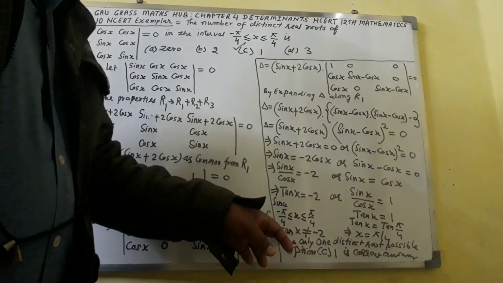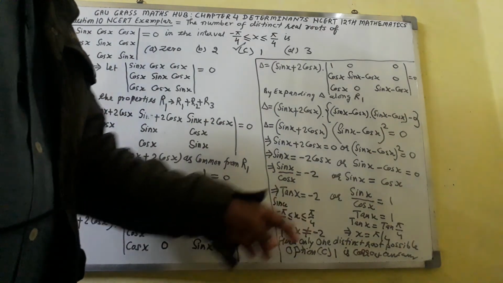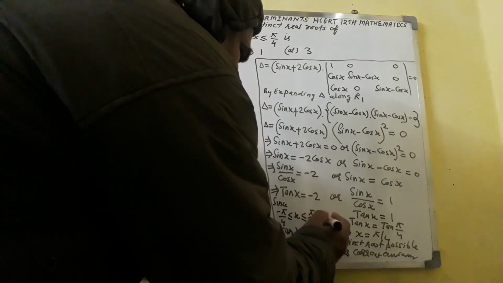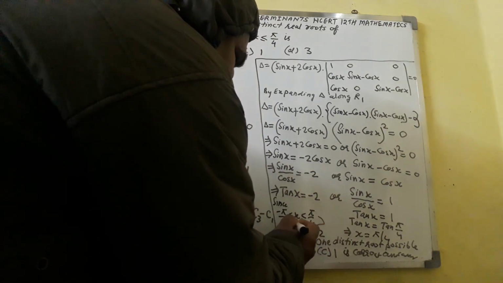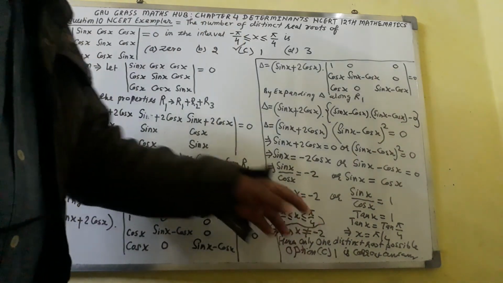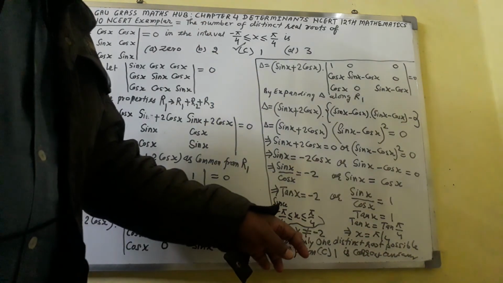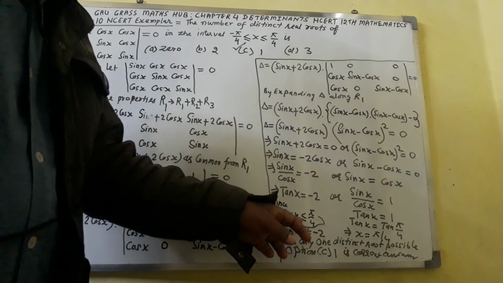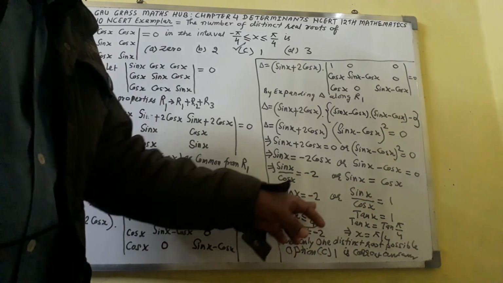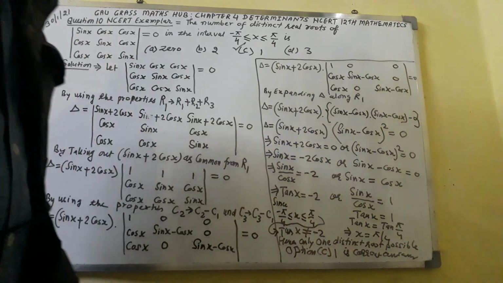So that's why I have written here tan x is not equal to minus 2. Since this property is applicable for this domain, there will be no value of x under this identity such that tan x is equal to minus 2.